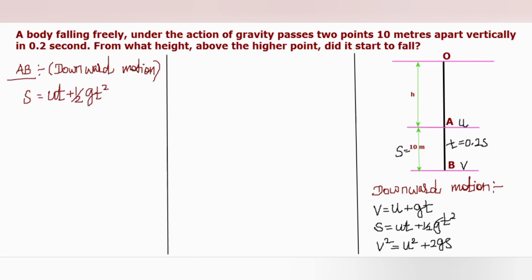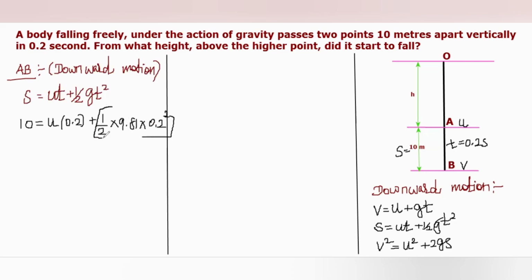Here we are going to find U. So substitute all the values except U. First S, that is 10, equals U, the unknown, times T, 0.2, plus 1 by 2 multiplied by 9.81 and T, 0.2 square.